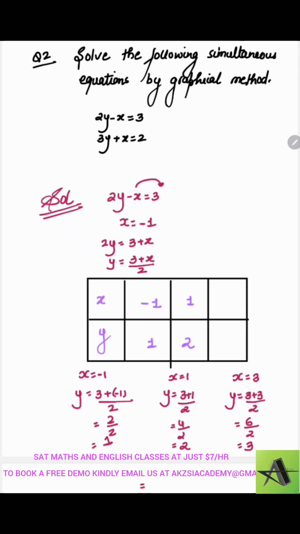So now I think if you are plotting a straight line, 2 or 3 coordinates are more than sufficient to plot it. So the third and last one is (3, 3). Similarly, I am plotting the other equation, which is 3y plus x equals 2.